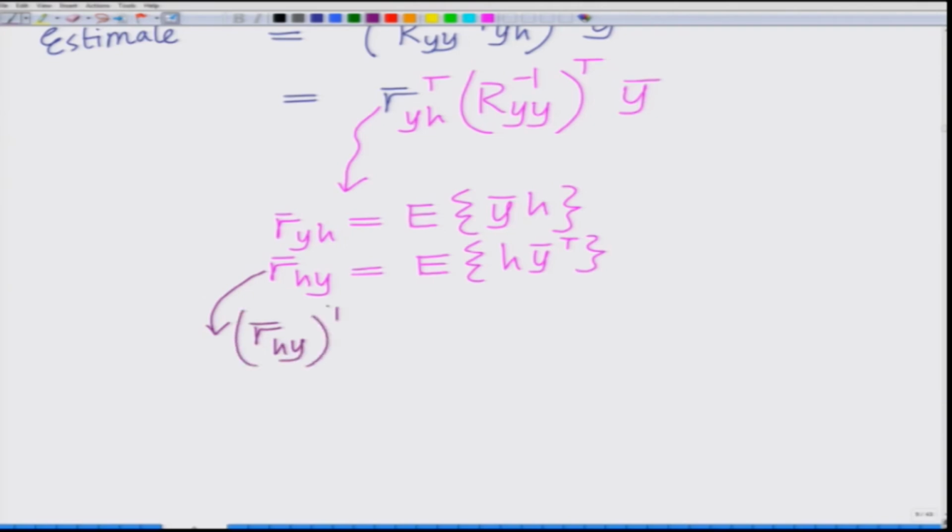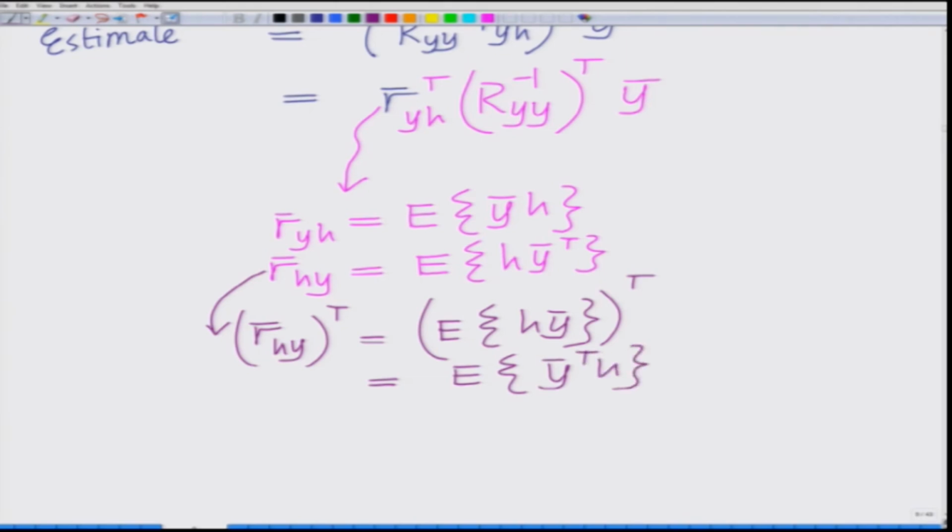And therefore, if you take the transpose of R bar HY, that is equal to expected H Y bar transpose, which is equal to the expected value of Y bar transpose into H, because H is a scalar quantity, so H transpose equals H. So this is equal to the expected value of H Y bar, that is Y bar into H. So this will be R bar YH.